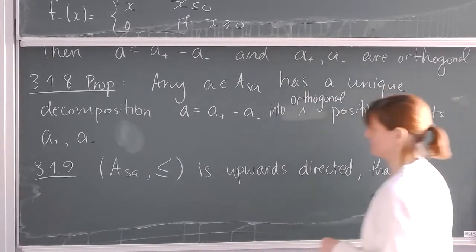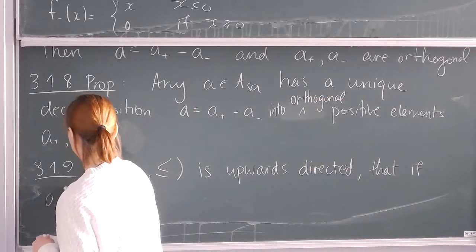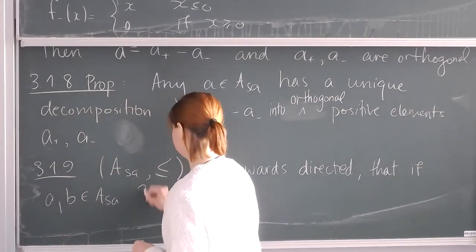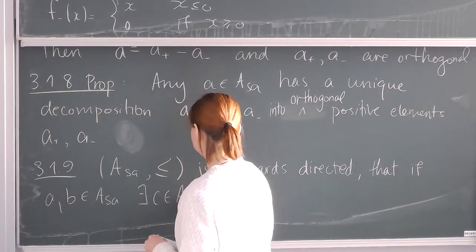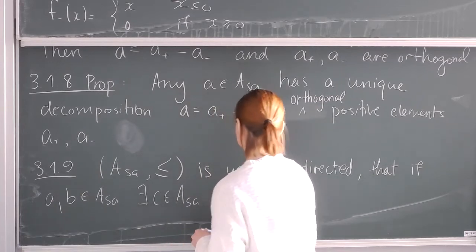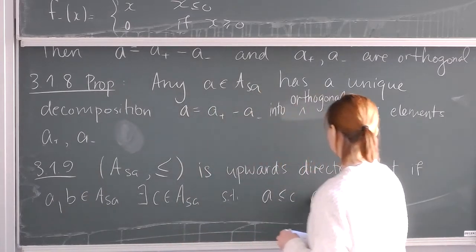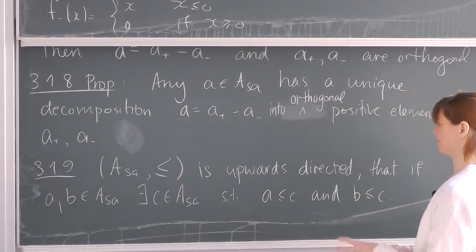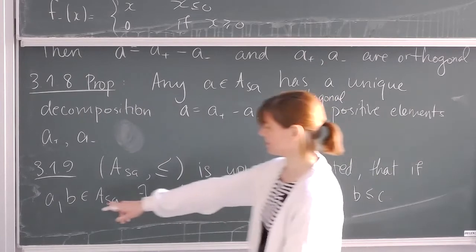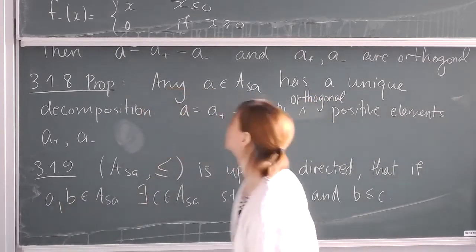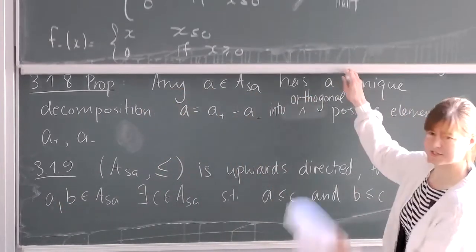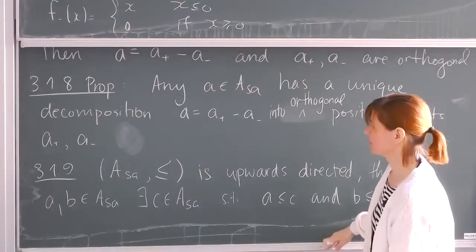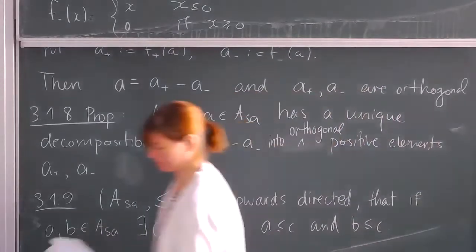So for every A and B, there exists some self-adjoint element C such that A is less than C and B is less than C. Okay, so it's clear that this is true for positive elements. We just take A plus B. And well, positive elements span self-adjoints, so that gives us the corollary there.